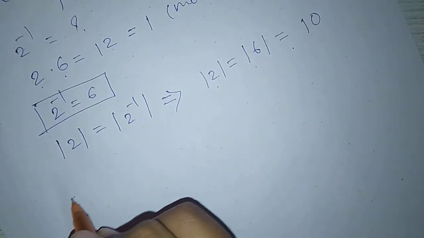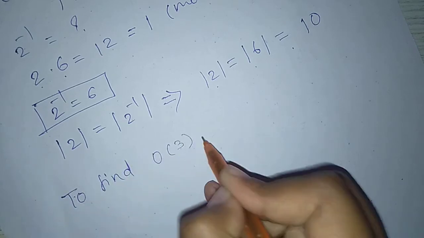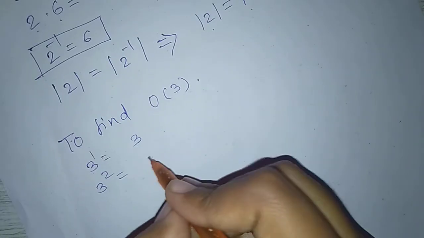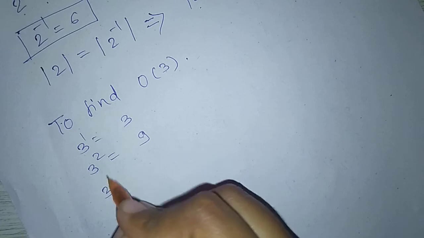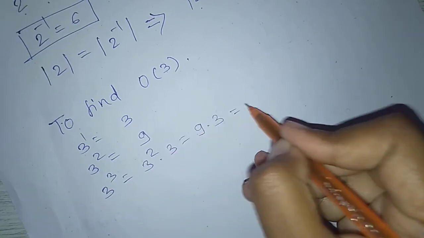Similarly, for 3, to find the order of 3, 3 raised to 1 is 3. 3 raised to 2 equal to 9. 3 raised to 3 equal to 3 square into 3, means 9 into 3 equal to 27.